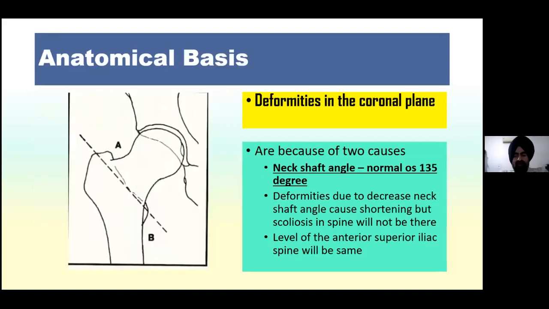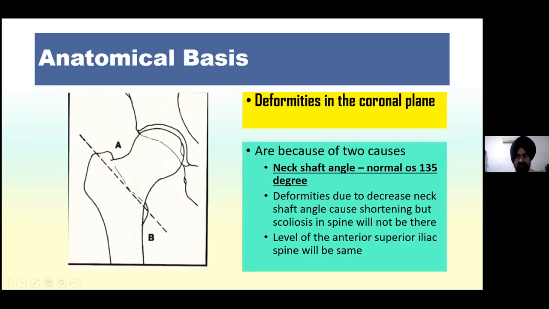So coming back to the deformity in the coronal plane, what keeps the hip or the limb aligned and the pelvis squared? It is the normal neck shaft angle. It is about 130 to 135 degrees.